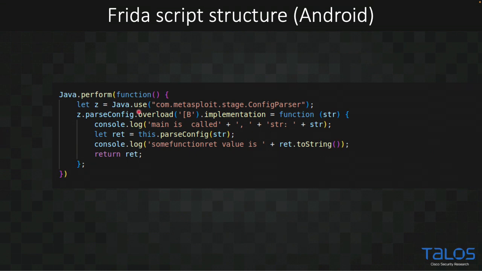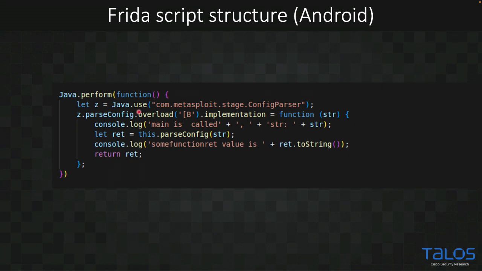So now my variable called Z represents the Java class on the Android side called com.metasploit.stage.ConfigParser.